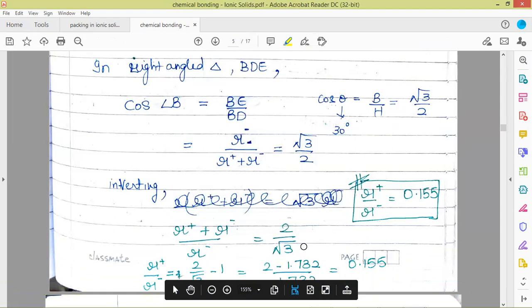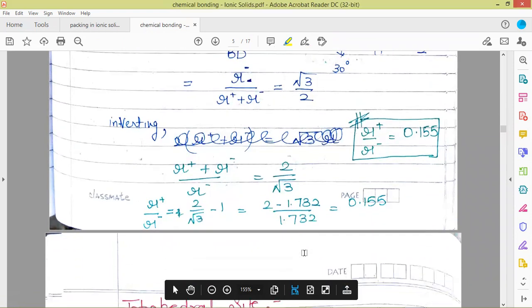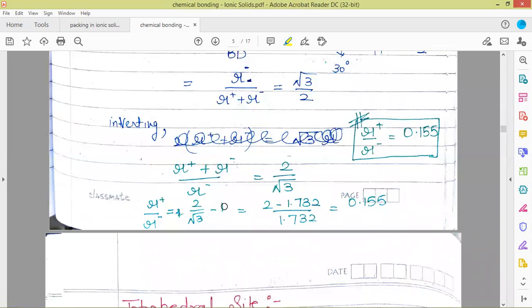Now we want to reach r positive by r negative. We'll invert this equation, that is, r positive plus r negative divided by r negative is equal to 2 divided by √3. So from here we can separate both values: r positive by r negative plus r negative by r negative, which is going to give us 1.